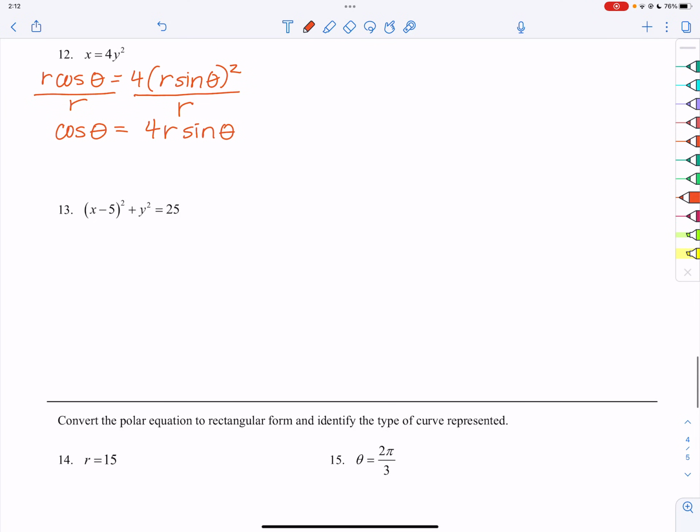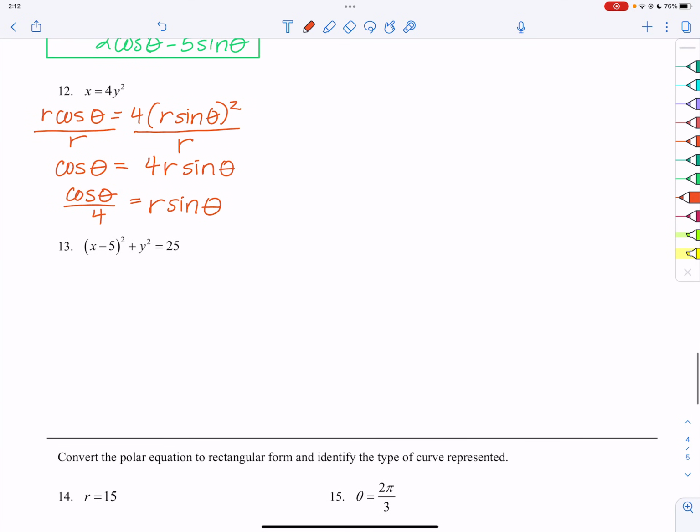So now let's divide both sides by 4. And so we have, this should be sine squared. So now we see that r is equal to the cosine of theta divided by 4 sine squared of theta.